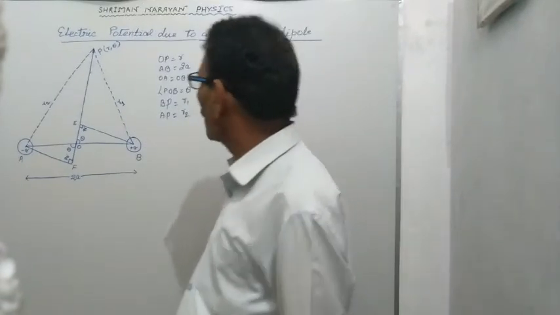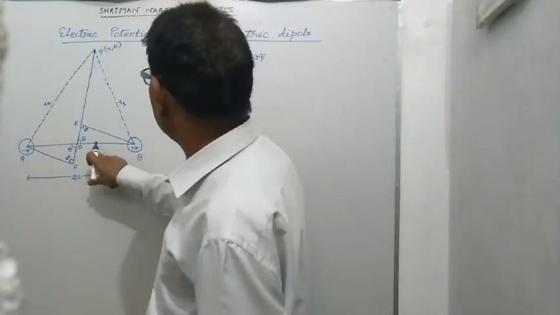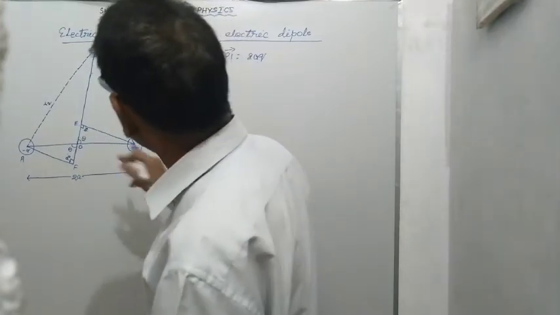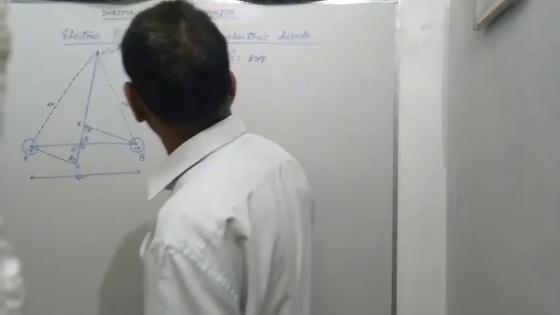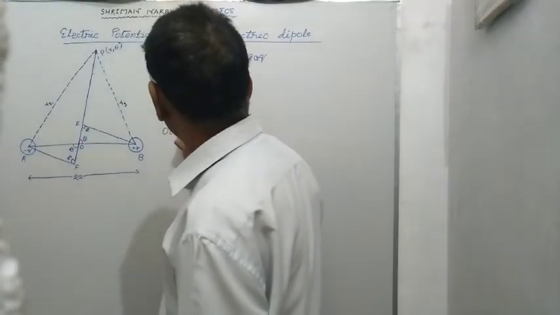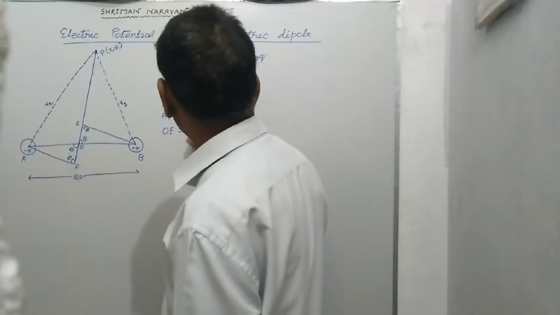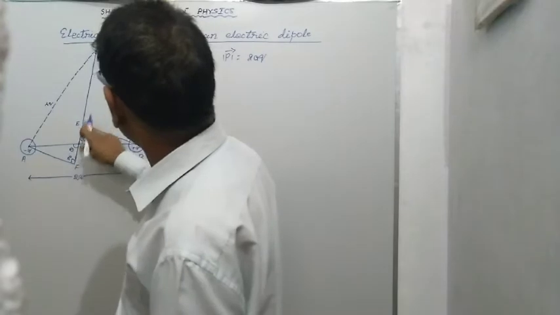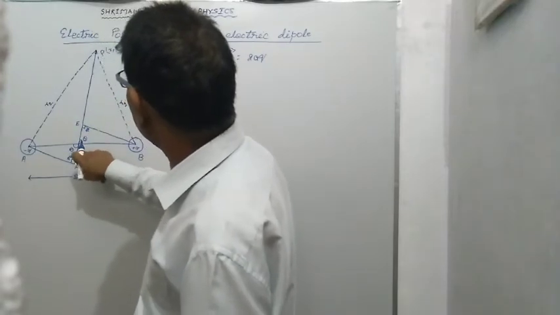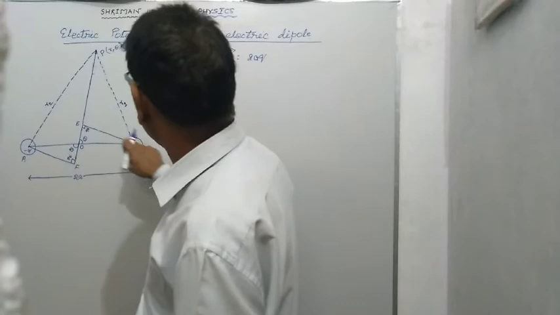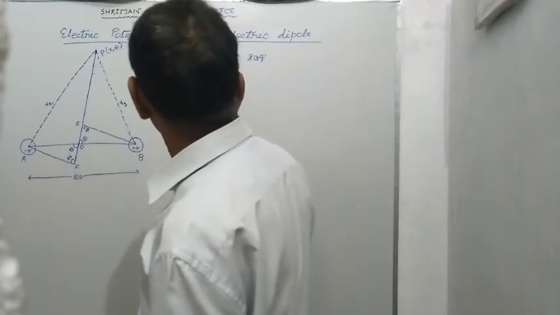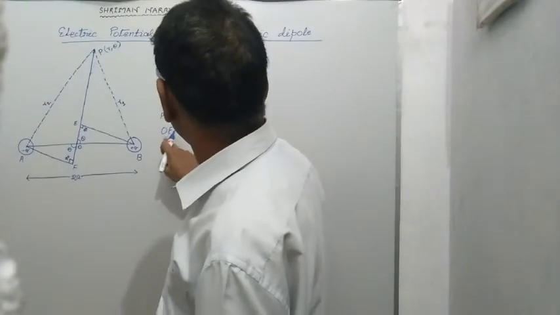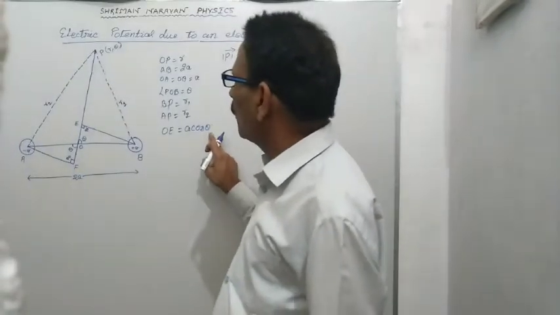See here, if we consider this triangle OEB, then this distance OE will be equal to how much? In this right angle triangle OEB, if we try to calculate the value of OE, OE will come equal to a cos theta.